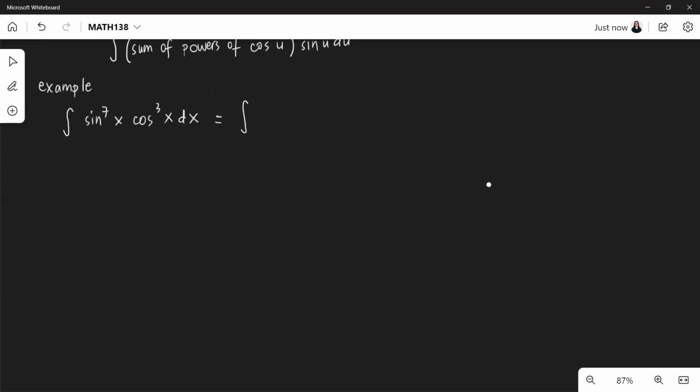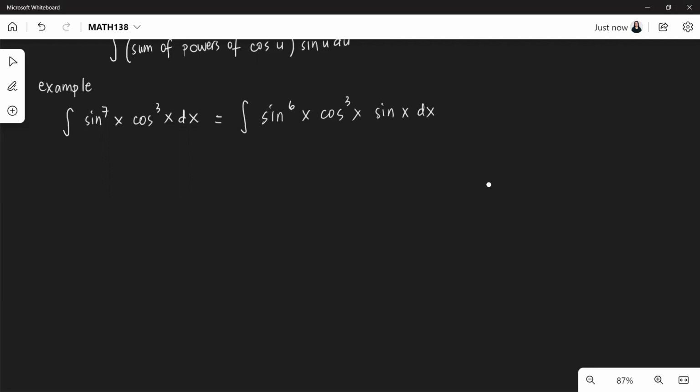So put aside one of the 7 sines. 7 minus 1 is 6, so what will remain is sine with the exponent 6, and cosine is kept as is for now. Then the sine x dx. We'll have this ready for the formation of du.